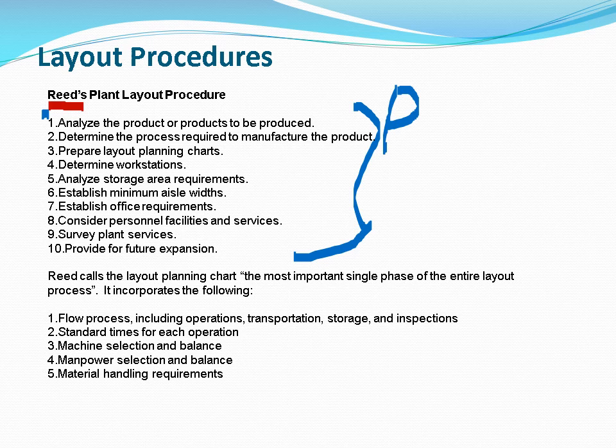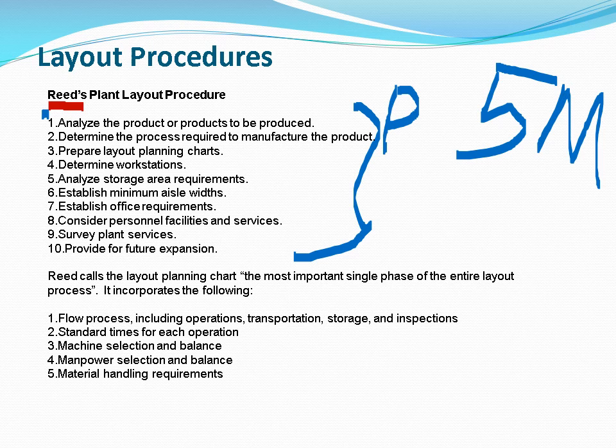And of course, after analysis, according to Reed, you consider now the 5 M's. There is the process, which is the method. You prepare the layout, planning charts. Later on, you will see the example of the chart here. And you determine the workstation that is needed by the personnel. You analyze the storage area, which is for the materials.